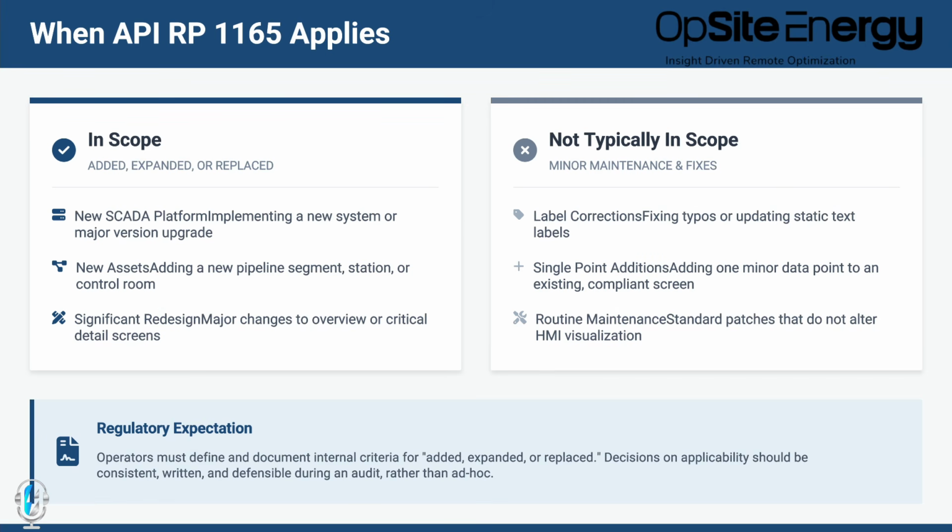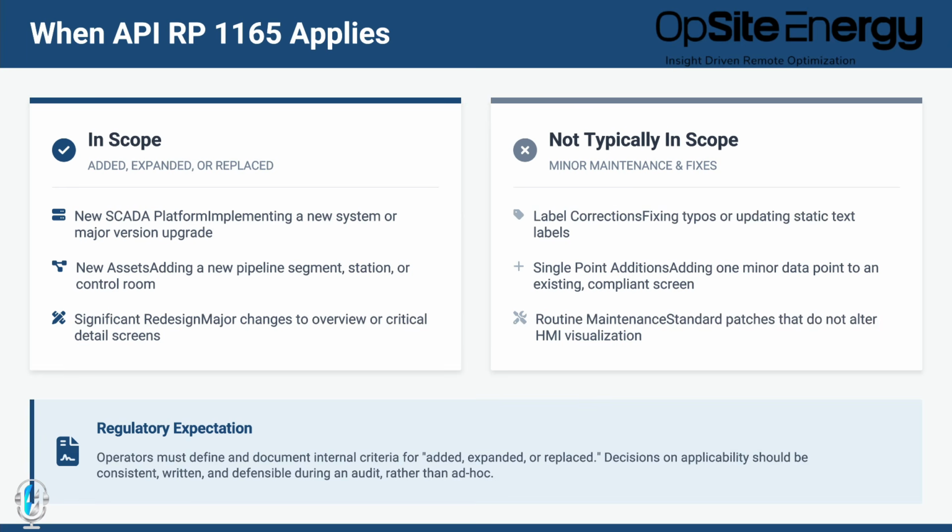This is the recommended practice that PHMSA is pushing for us to use within your operations, and how that looks for your operations. So from the guidance, you have to be able to identify what's in scope and what are some minor changes that are not typically in scope.